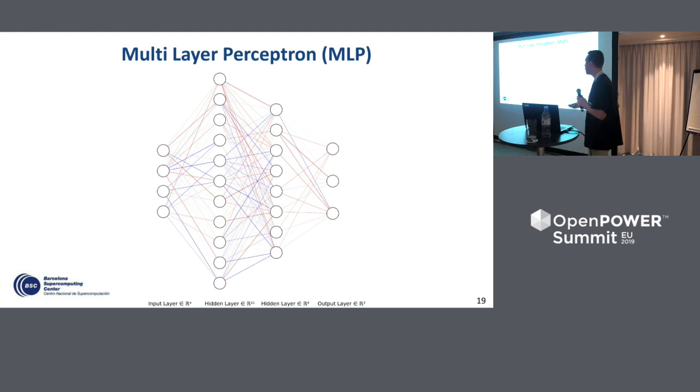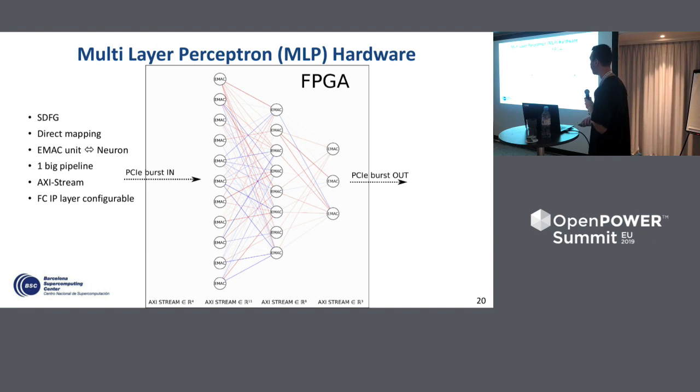This, you know, is the most famous and easiest neural network topology, a fully connected multi-layer perceptron. But this can be seen like this in FPGA. The idea is just to map the topology of the neural network directly in the FPGA with a synchronous data flow graph.